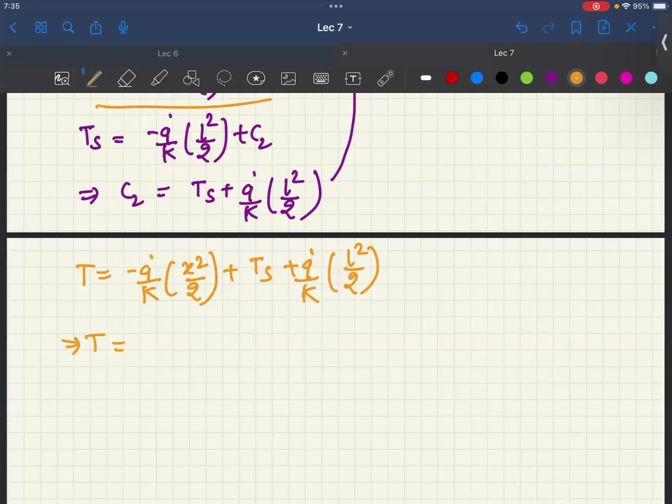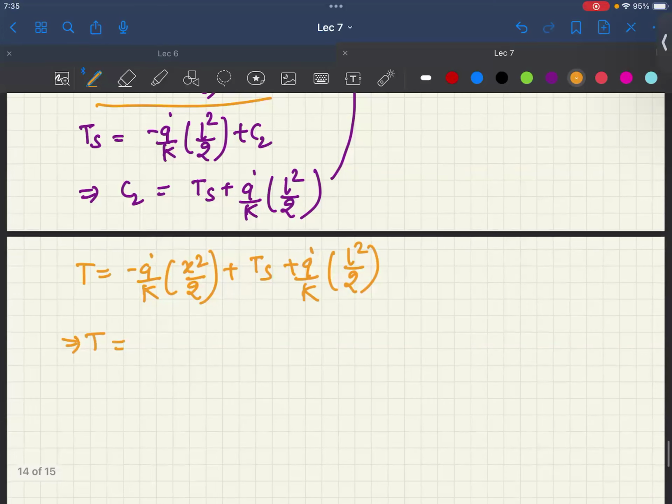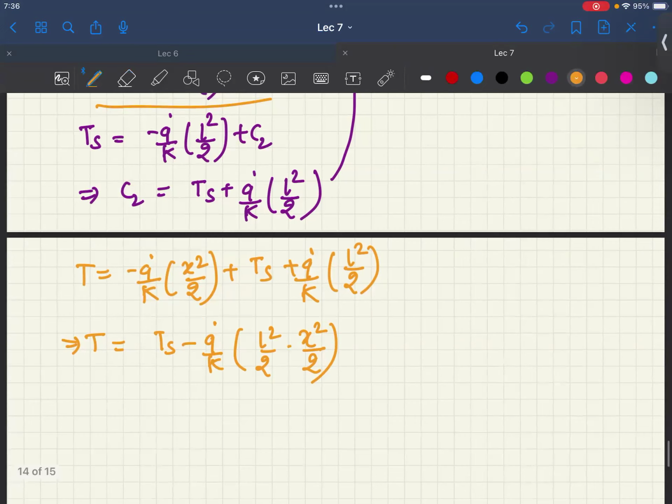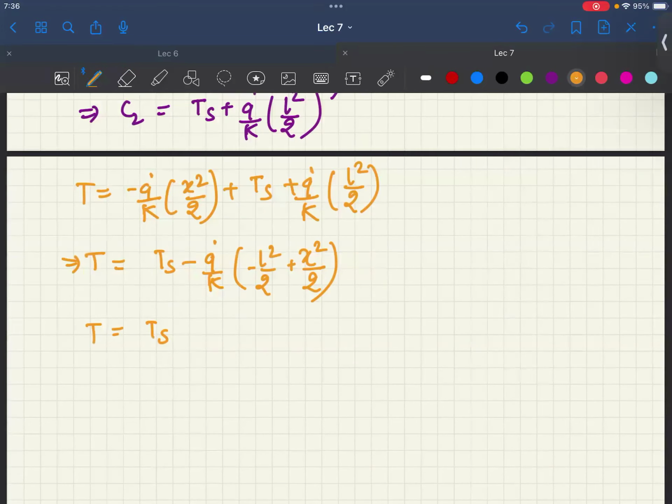Upon rearranging, we get temperature is equal to Ts plus q dot by k into L square by 2 minus x square by 2. Or we just take out minus here, and we end up with plus x square minus L square, right? So temperature is equal to Ts minus q dot by 2k L square.